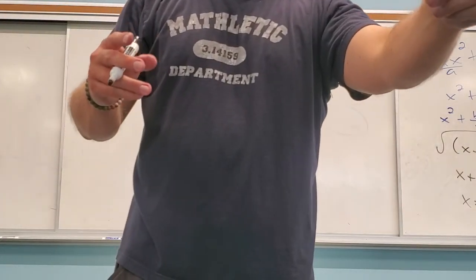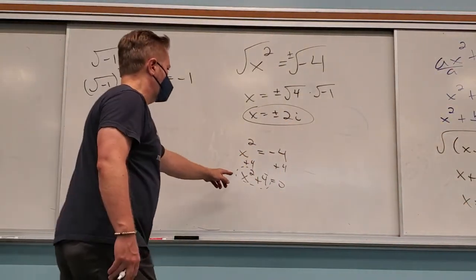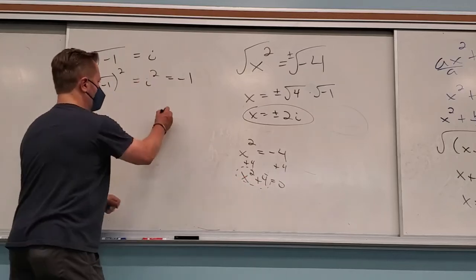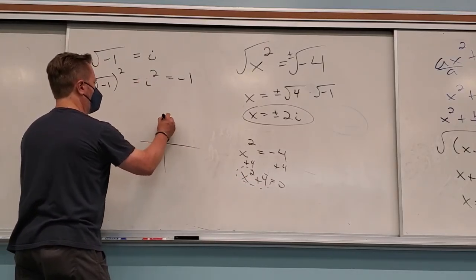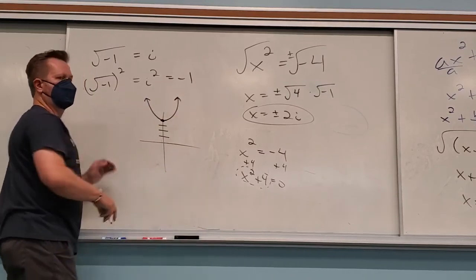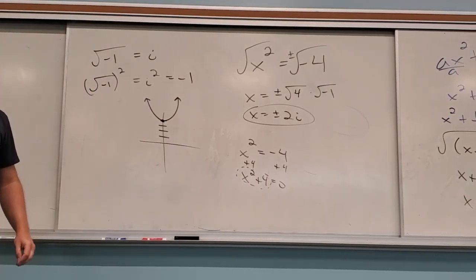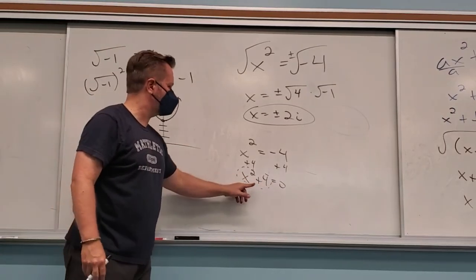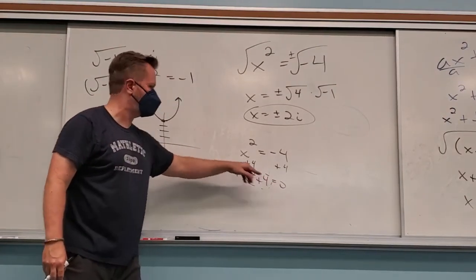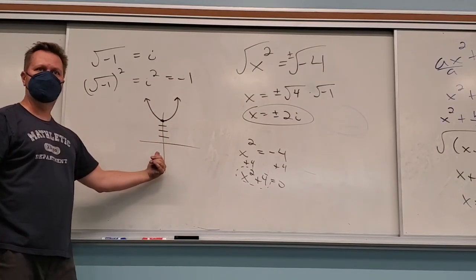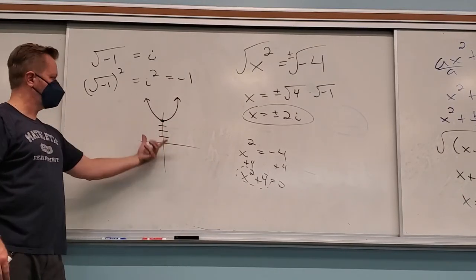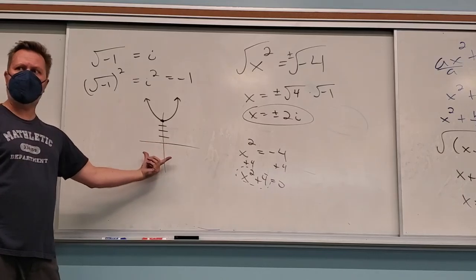Does that sound familiar? So what do I get when x is 0? I get 4, don't I? So isn't this a parabola whose y-intercept is 4, but it opens up? So when does this have an answer? When is the parabola equal to 0? When does it hit the x-axis? At no real number does it do it, right? There's no real answer here. It doesn't go through this real axis.